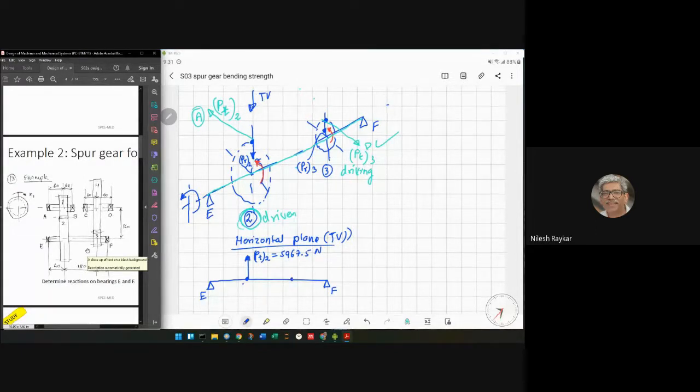And for gear number 3, PT3 is in this direction, so it is acting opposite to the first one. PT3 will be equal to 17902.5 newtons. And we'll have to do a similar thing in the vertical plane.